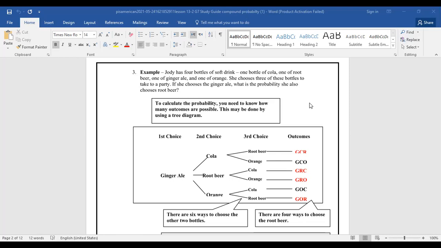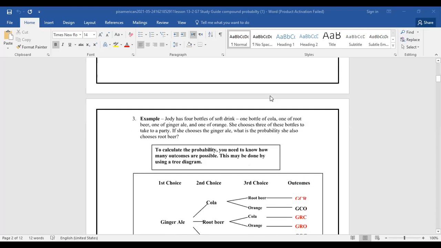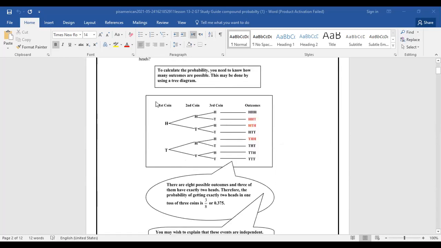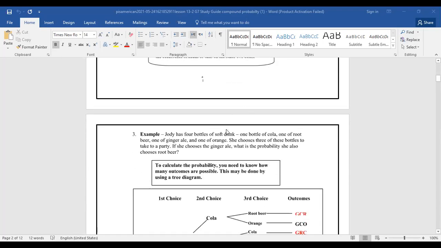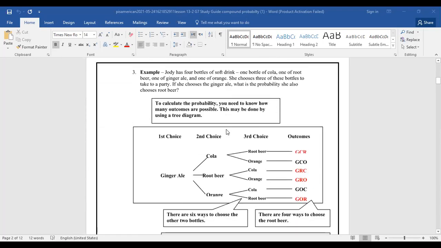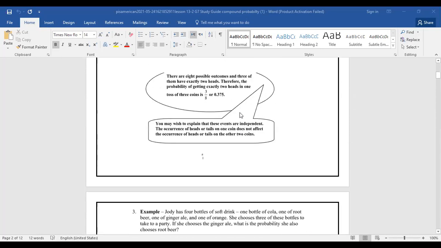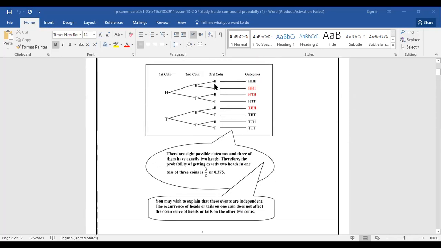Yes. So in the first example, we choose from 3. We said that we have 3 coins, so we made first choice, second choice, and third choice. In the second one, we choose out of 4. When we go back to the first one, you choose from 3 coins, then we have 2 branches, and after that, for each one, we have 2.